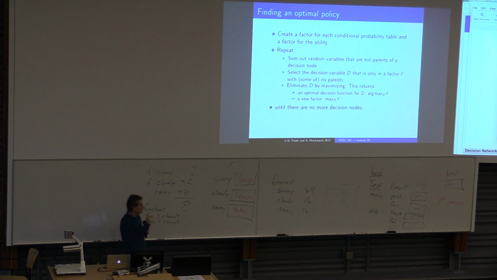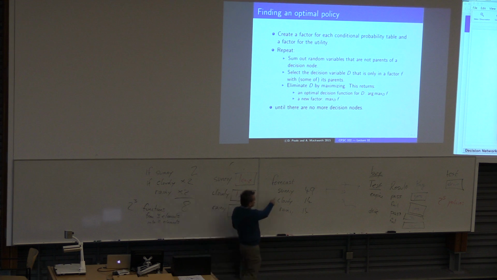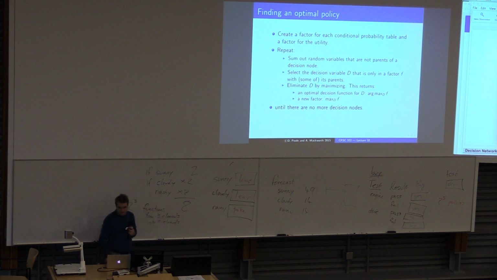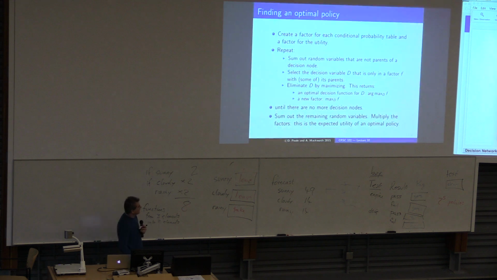So it returned both our decision function, which is this, and a new factor. We're going to throw that factor back into our set of factors. We're going to keep doing that until there are no more decision nodes. Then we're going to sum out the remaining random variables, and we end up with the expected value.